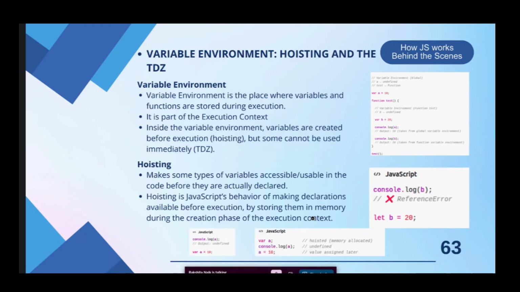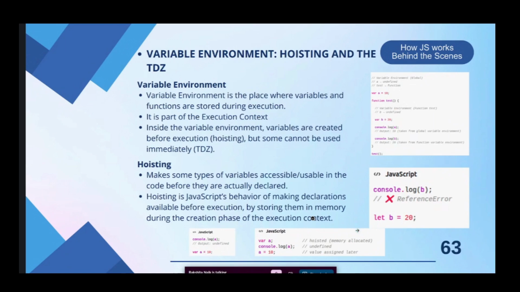As we discussed with function declarations, they can be hoisted. Hoisting is a JavaScript behavior of making declarations available before the execution by storing them in memory during the creation phase of the execution context.